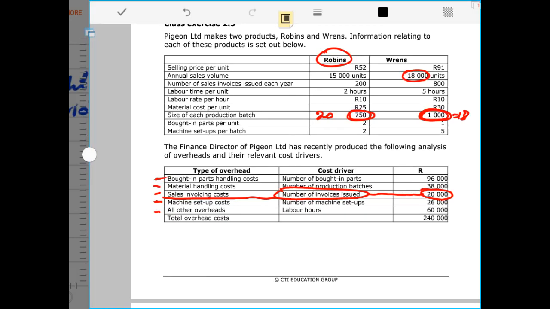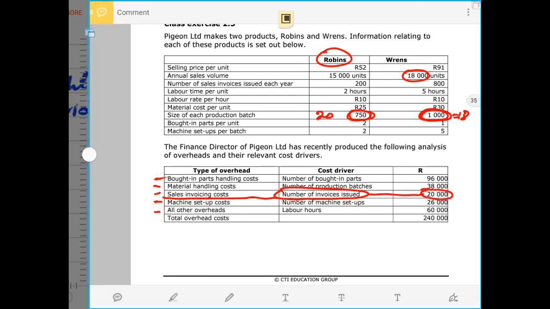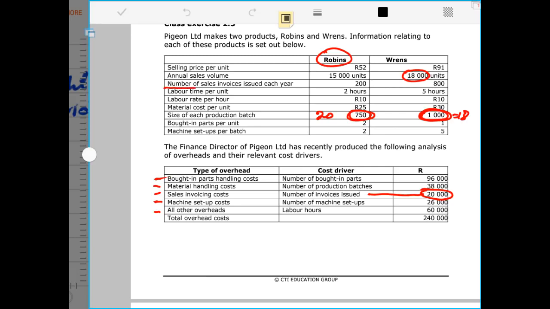So now we have to know the number of the invoices that were issued, and we know that the number of the invoices that were issued per year, remember this is already in total, so there's nothing to calculate. It is 200 and 800. So now it means the total here will be 1000.